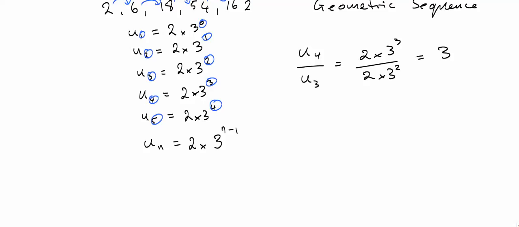You can see that this will work with any two consecutive terms, 5 and 4. The fifth one, 2 times 3 to the 4 divided by 2 times 3 cubed, will also give us 3. 3 is the common ratio. It's the same number when you divide one term by the previous term.